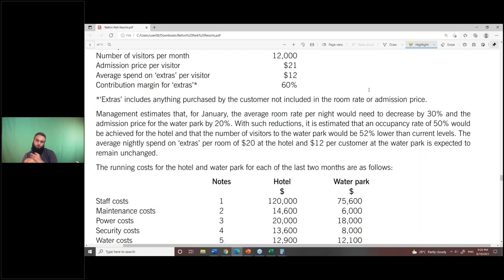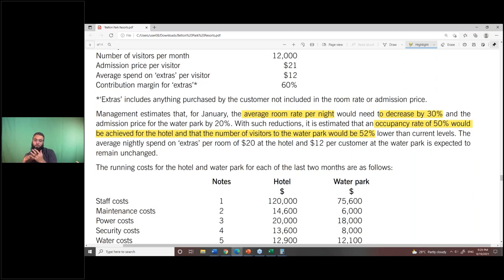Management estimates that for January, the average room rate per night would need to be decreased by 50%, and the admission price for the water park by 20%. With such reduction, it is estimated that an occupancy rate of 50% would be achieved for the hotel, and the number of visitors to the water park will be 52% lower than the current level.